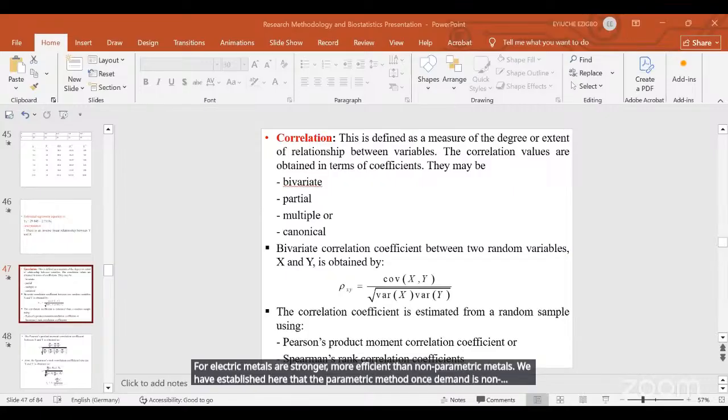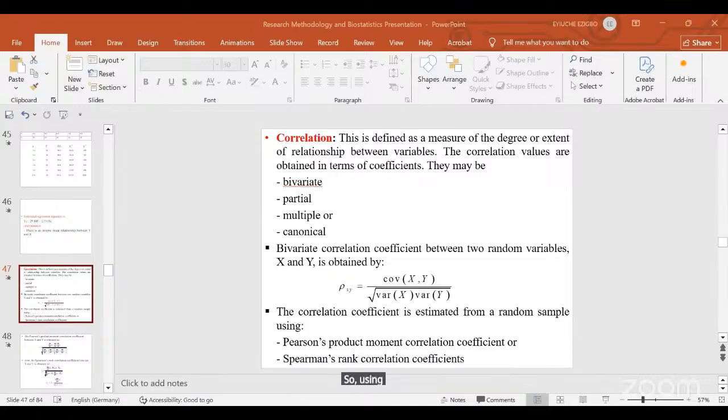So one will expect the parametric method to be more efficient than the non-parametric, thereby saying that Pearson's method should be better than Spearman's method. That is a discussion for another day.